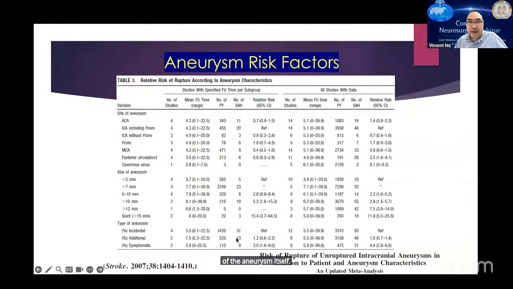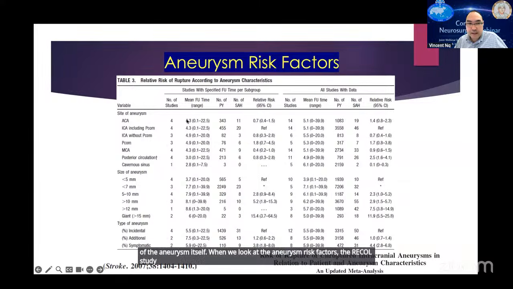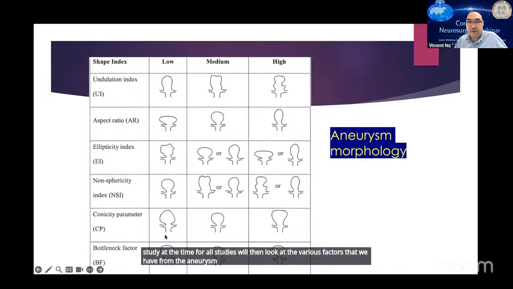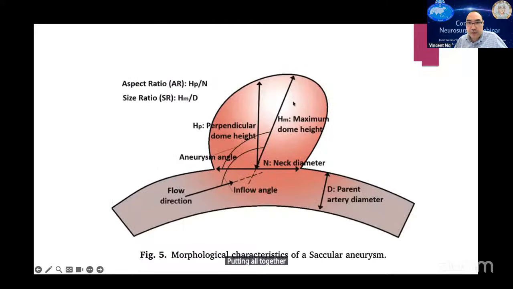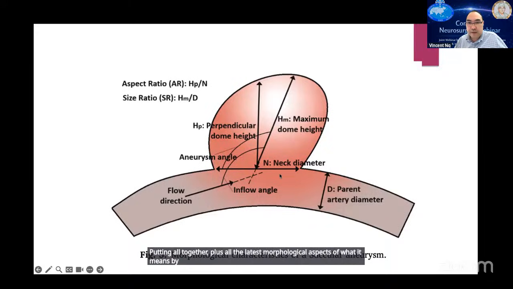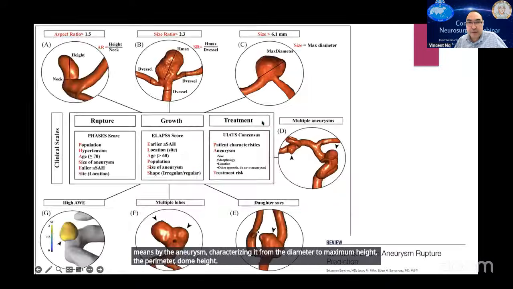When we look at the aneurysm risk factors, the ISUIA study at the time, for all studies, looked at the various factors that we have from the aneurysm, plus the morphology of the aneurysms. Putting it all together, plus all the latest morphological aspects, characterizing it from the diameter, the maximum height, the perimeter, dome height, the aspect ratio itself.